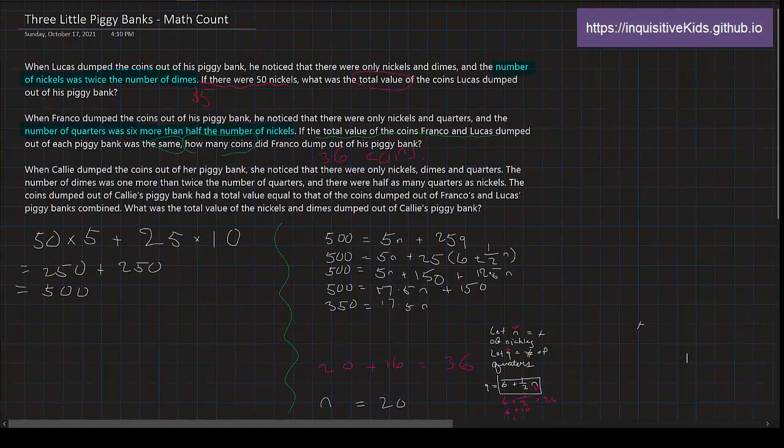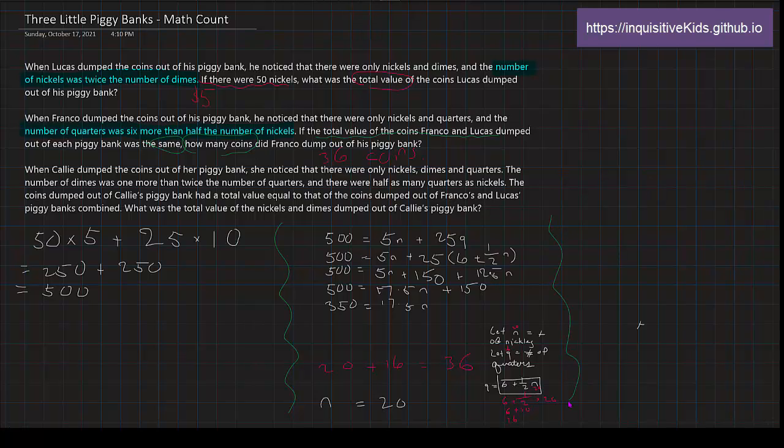All right, now let's do number 3. Okay, so it says, when Callie dumped the coins out of her piggy bank, she noticed that there were only nickels, dimes, and quarters. The number of dimes was one more than twice the number of quarters, and there were half as many quarters as nickels.